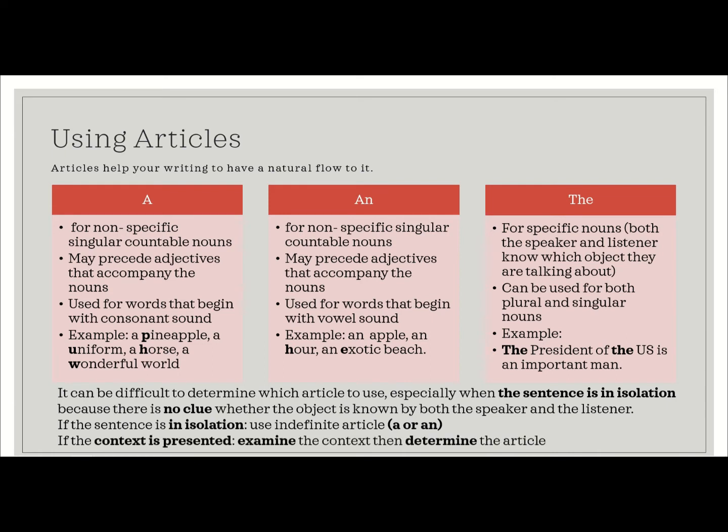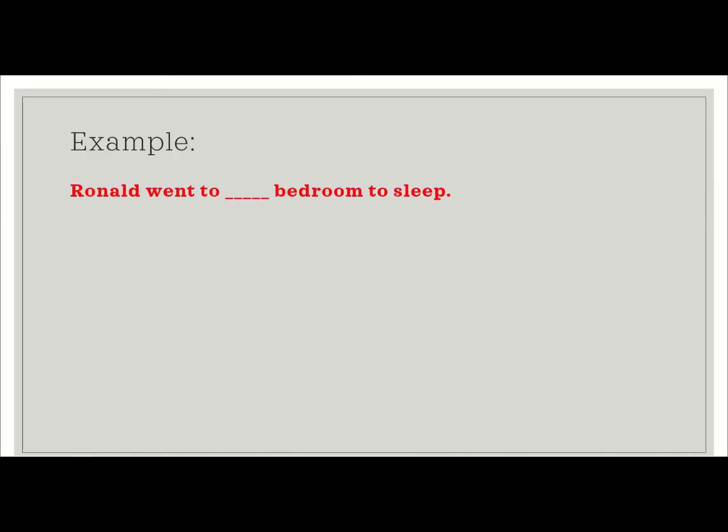However, if the context is presented, or in other words, there is a clue which item we are referring to, please first examine the context, and then determine the article. Like in this example: Ronald went to a bedroom to sleep.